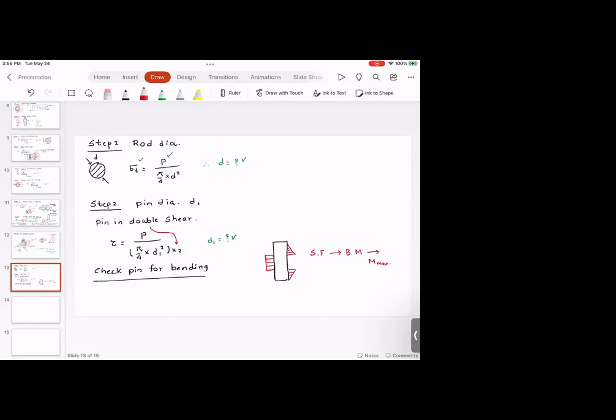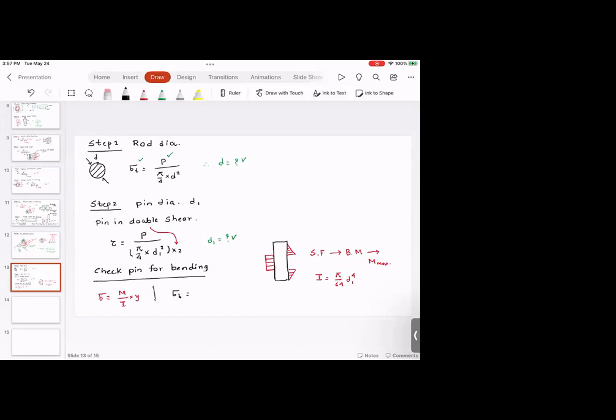And then use the equation sigma is equal to M divided by I multiplied by y, where I is for the circular cross section, which is pi by 64 d to the power 4, which is D1 to the power 4. If you want to develop the equation, you can follow the procedure given in the textbook, or let me just give you the equation.